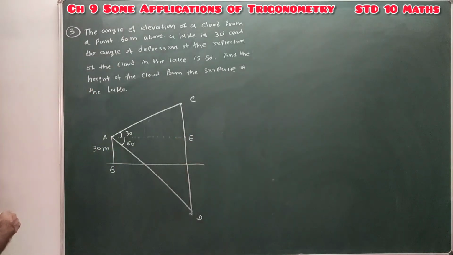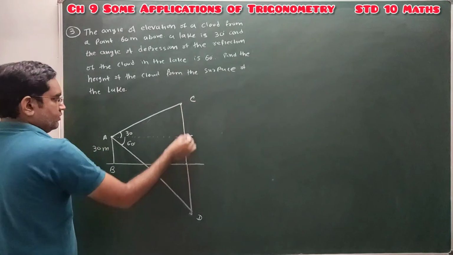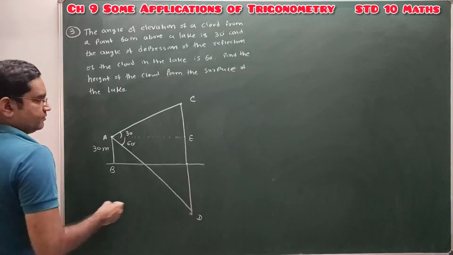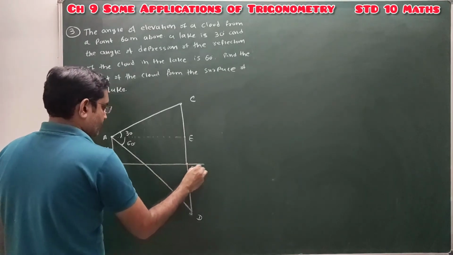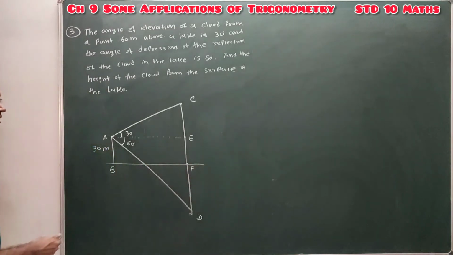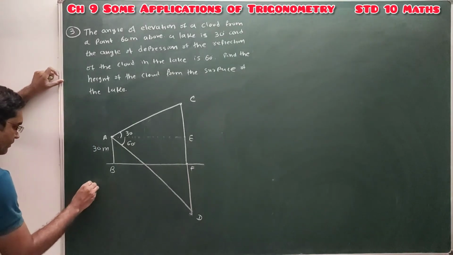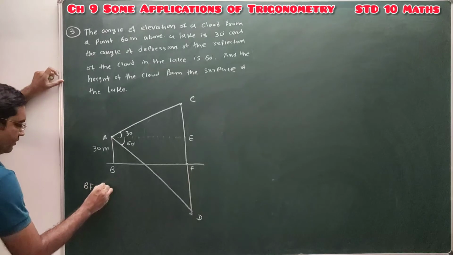Find the height of the cloud from the surface of the lake. You have to find the height of this cloud from the surface of the lake. This is the surface of the lake. A, B, C, D, E, F. CF, or you can say BF, is the surface of the lake. So our description, BF is nothing but the surface of lake.